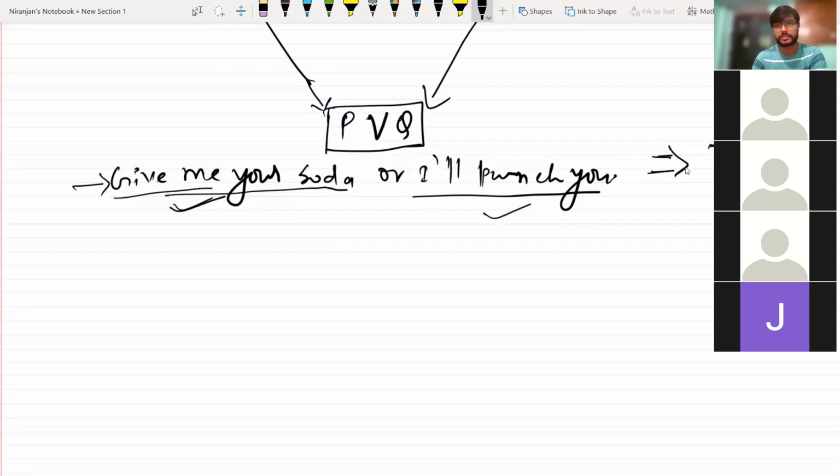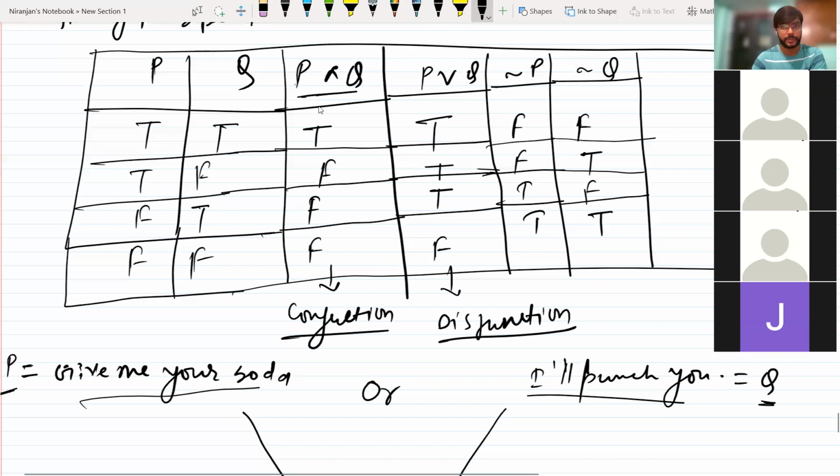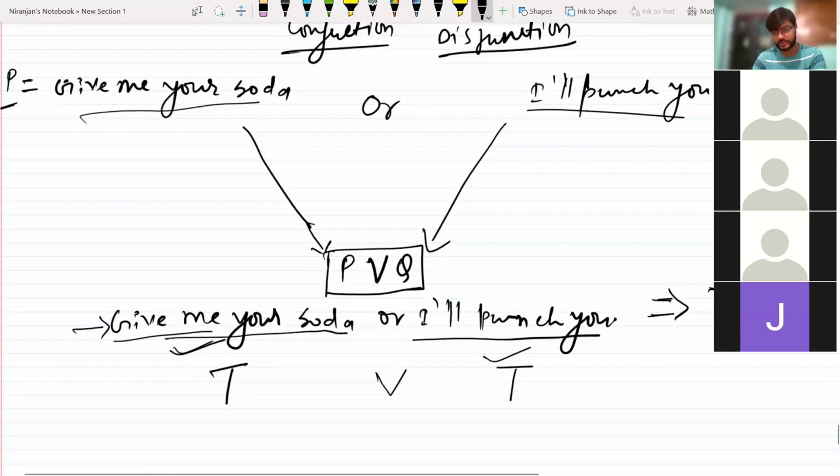So the whole statement is true. Why? Because this is true and this is true, and you know that in case of disjunction P or Q, and you apply the operation here, T and T, you will get true. So the whole statement is true. Now you can ask, is this ethically correct? The person I punched can ask, hey, I gave you a soda, why did you punch me?